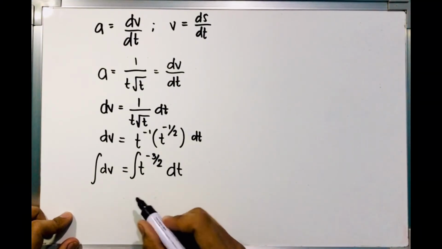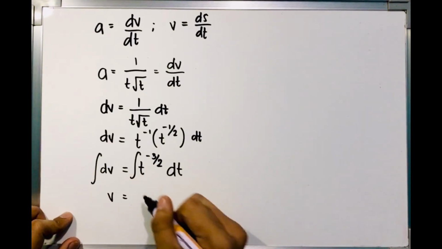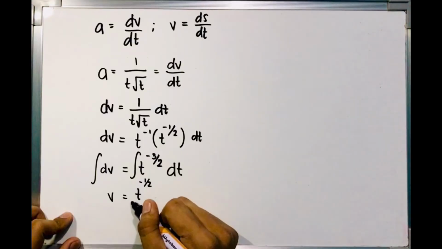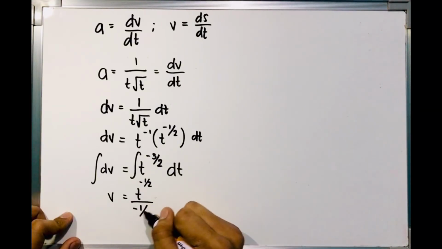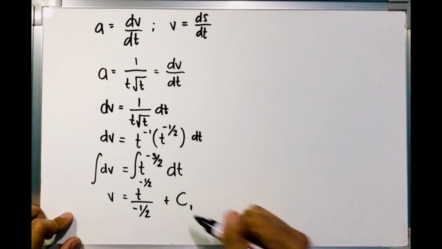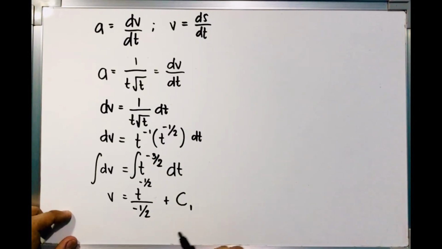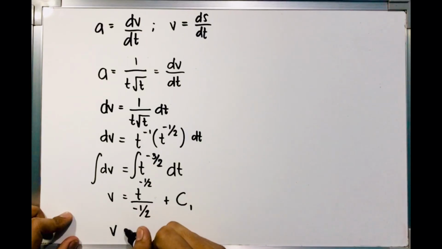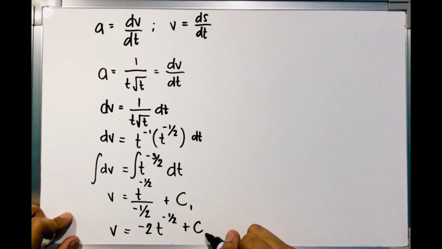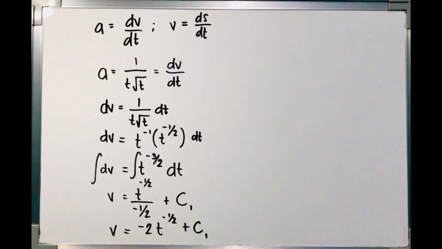So, the answer here is v is equal to t to the negative 1/2, kasi kung gagamitan na natin ng power rule, that's plus 1, plus c1. Okay? So, to write the final equation, you have negative 2t to the negative 1/2 plus c1. Okay? At nasolve na natin yung first equation, which is in reference to the velocity.